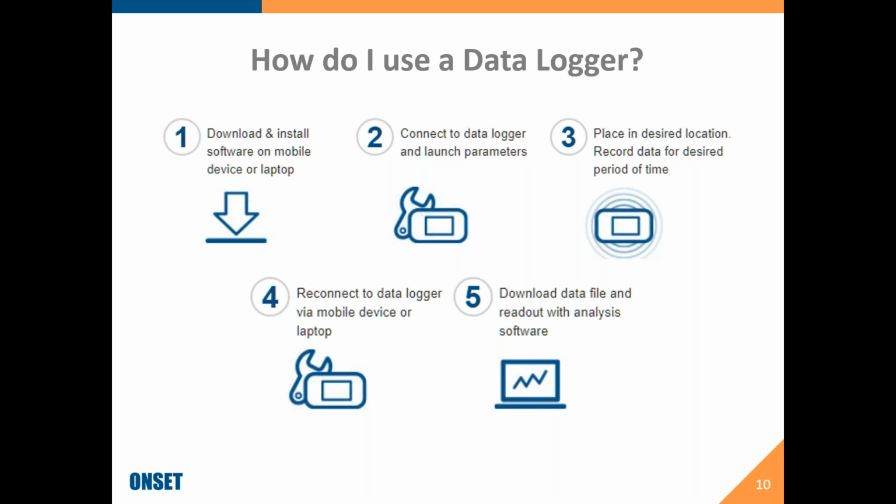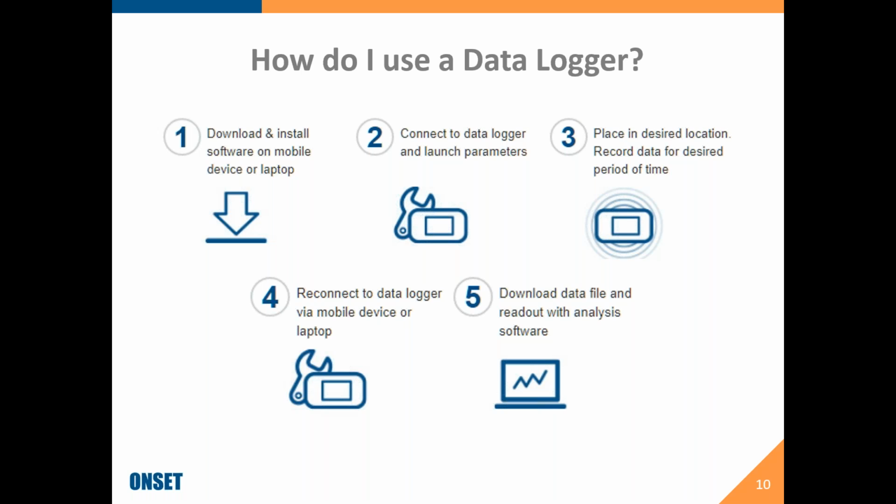When we say number 2, connect to the data logger and launch parameters, that means it's going to find it once you've connected to it on your computer with either a USB cable or the Bluetooth app. It sees the date and time. You will tell it how fast you want it to record. And you can select that interval from as quickly as every second or up to 18-hour intervals.